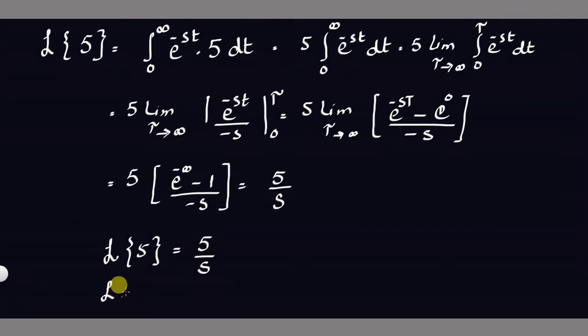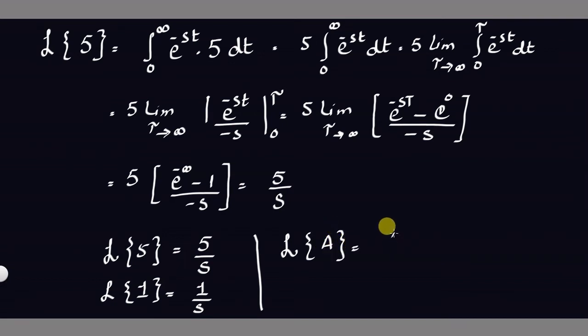And before that we have proved the Laplace transform of 1 is equal to 1 over s. So it seems to us that whatever the constant is, we can easily calculate the Laplace transform of a, and I am sure the Laplace transform of a will be a over s, where a is any constant.